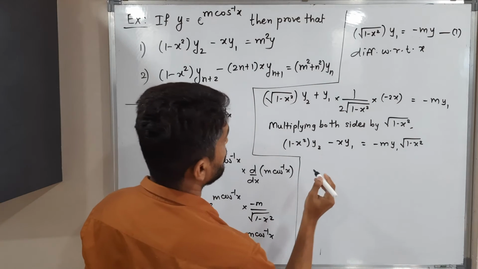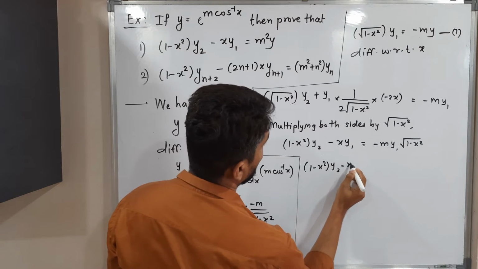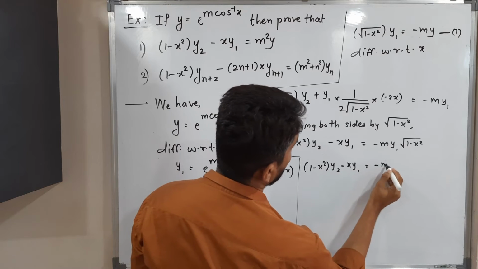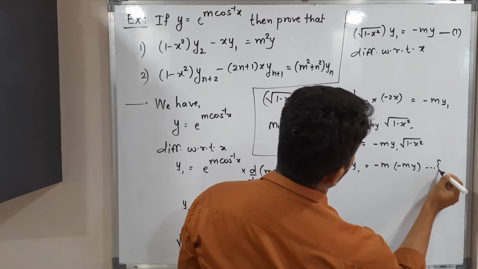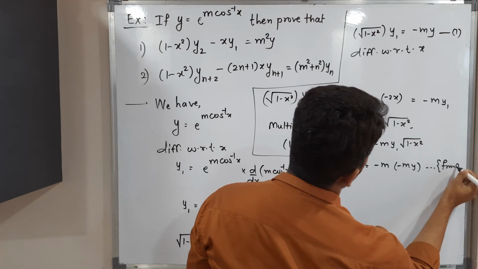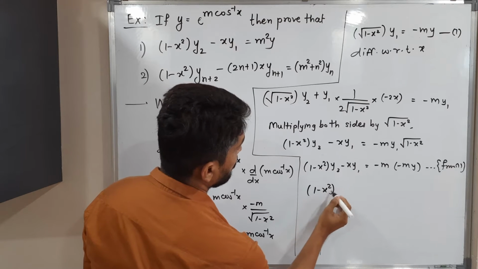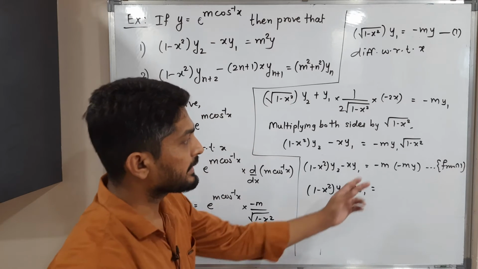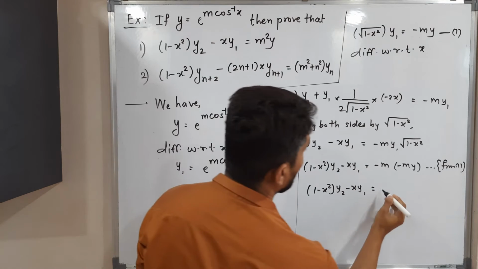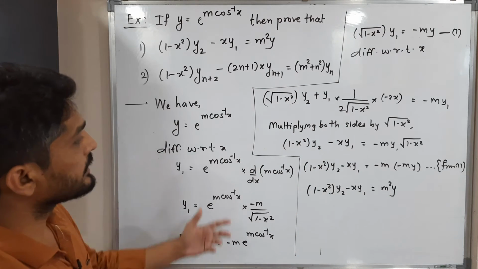So I am going to use equation number 1. 1 minus x square y2 minus x y1 is equal to minus m, and its value is minus my from equation 1. So 1 minus x square y2 minus x y1 is equal to m into m y, that is m square y. Yes, we want the same, right?